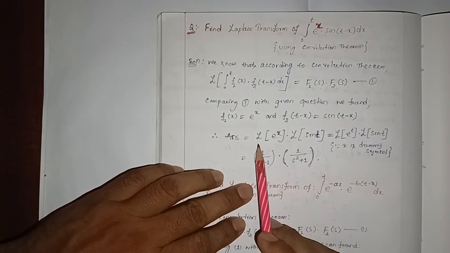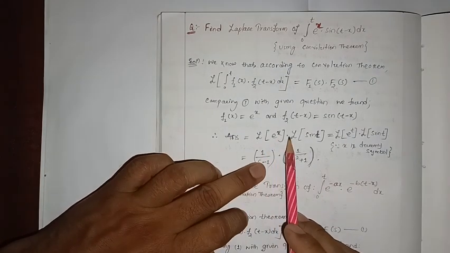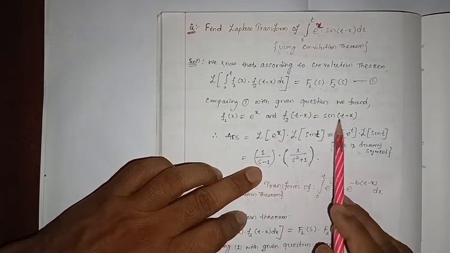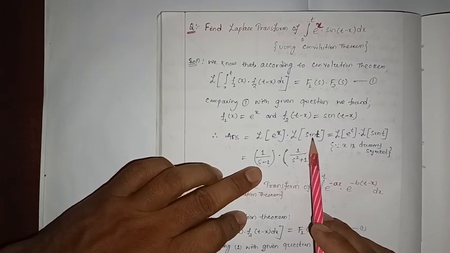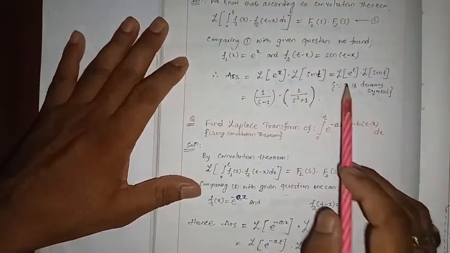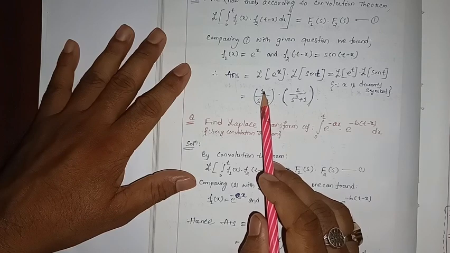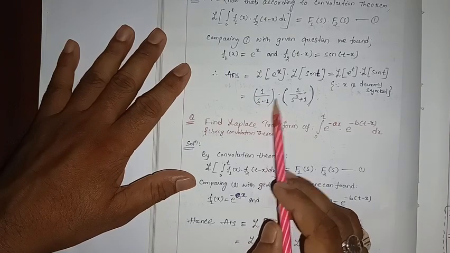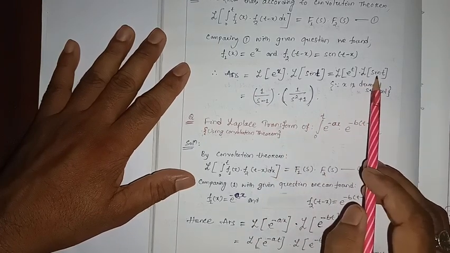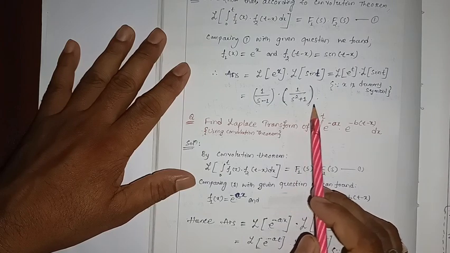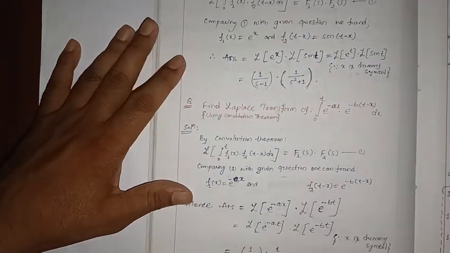So the answer will be the Laplace transform of e^x into the Laplace transform of only sin t. We know that the Laplace transform of e^t is 1 by s minus 1, and the Laplace transform of sin t is 1 by s squared plus 1. This will be the answer.